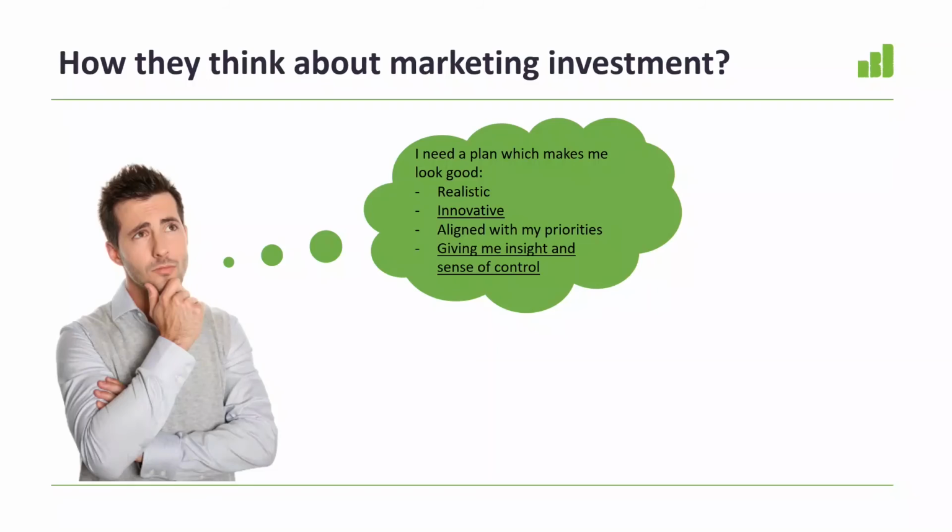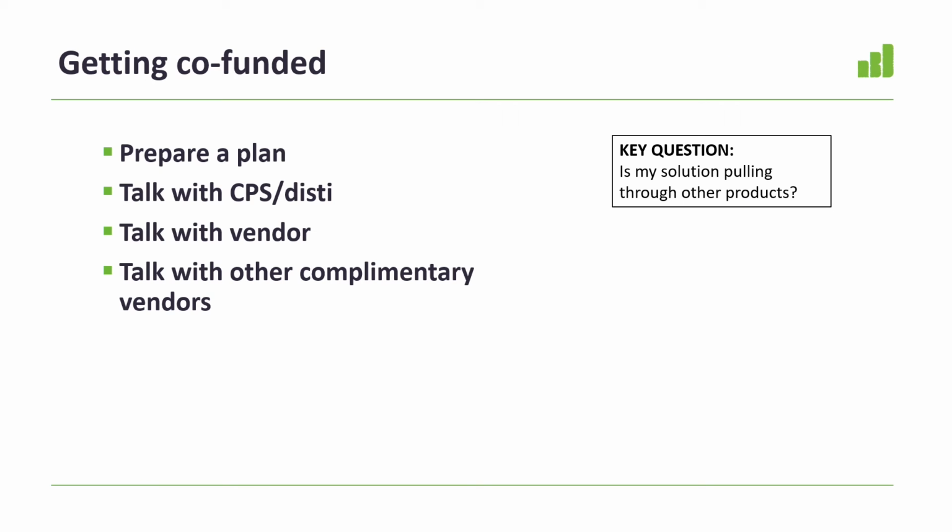Yeah, and of course you need to come with some realistic plan, right? Just to give you an example, there was a recent case when one local partner turned to us and we worked together on building the go-to-market strategy for their new offering. We put together a plan, and then we together also presented this plan to Microsoft and to the CSP. And guess what?